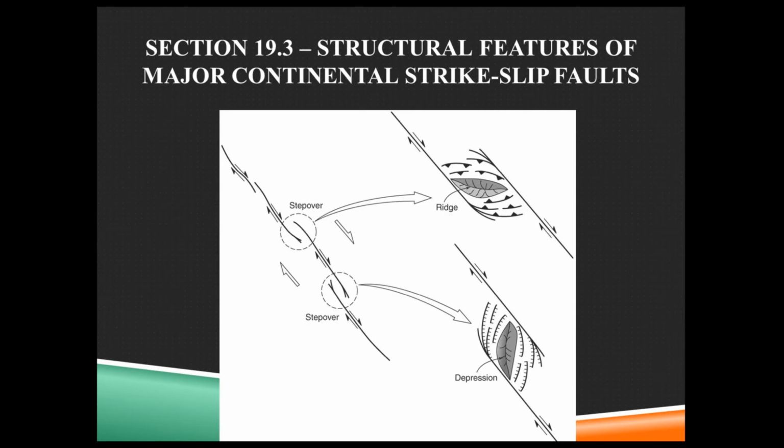When it's connecting the subduction zones or connecting the rift zones, it's called an accommodation zone, and it gets strike-slip faults. If it's connecting strike-slip faults, it's called a step-over zone, and it gets reverse faults or normal faults.